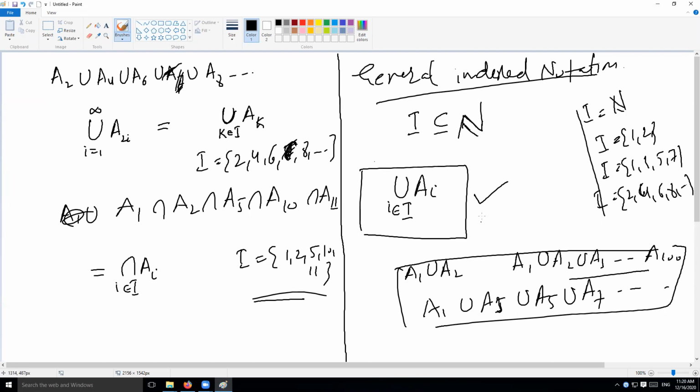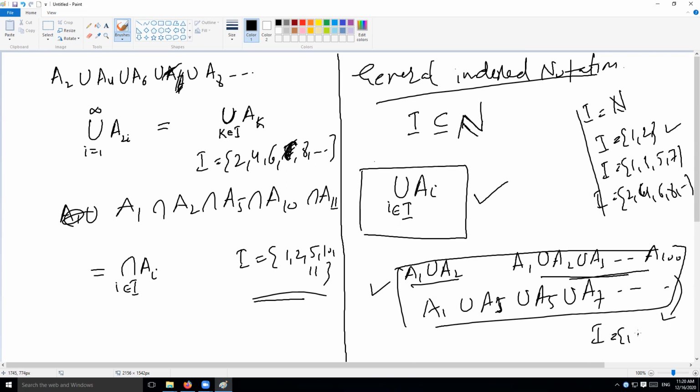These all are really the consequence of this single notation. Because for this union, the index set is going to be 1, 2. For this union, the index set is going to be what?